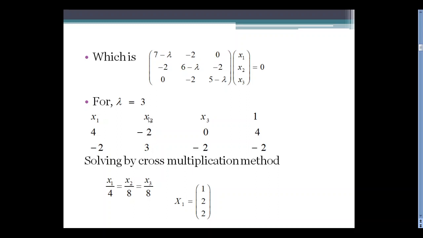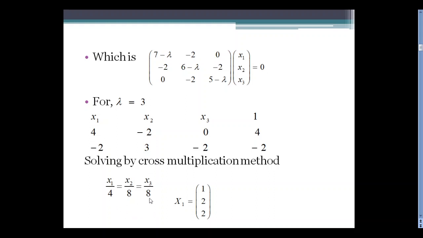For x2, we take x3 and x1 values: 0 into minus 2 is 0, minus of minus 8, so we get 8. For x3, we take x1 and x2: 4 into 3 is 12, minus of minus 2 into minus 2, which is 4, so 12 minus 4 gives 8.